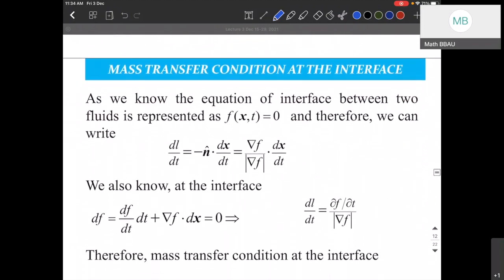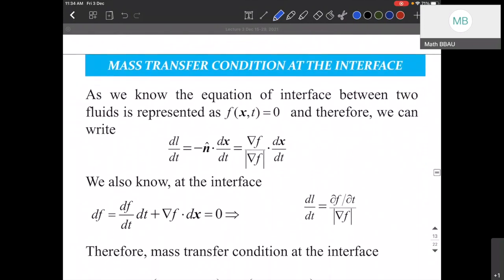Now, as we know the equation of the interface f(x,t) equal to 0, at the interface the normal vector can be calculated as the gradient of f. The unit normal can be calculated by the gradient of f divided by the modulus of the gradient of f.